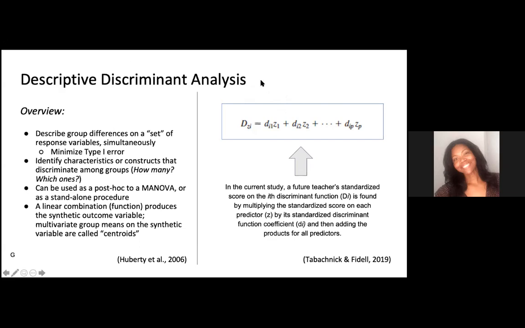And so descriptive discriminant analysis is good in working with naturally occurring groups. And the idea is that you can examine group differences on a set of continuous outcome variables. So I have my categorical grouping of countries, and I'm able to see how countries are differentiated across these different outcomes.